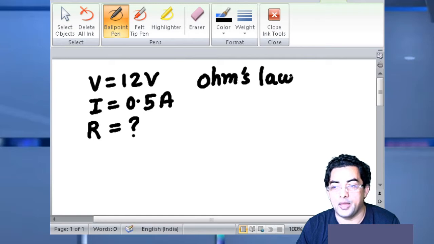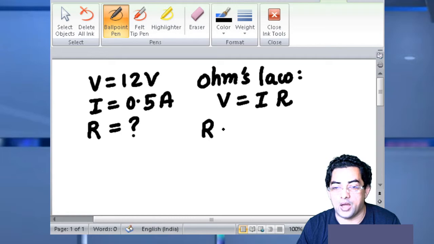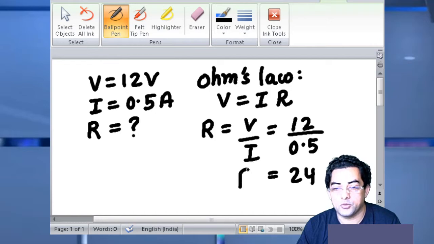Yes, we are going to apply Ohm's law over here, which is V is equal to I times R. And when you have to find out R, it becomes V over I. So if you substitute V as 12 and I as 0.5, it becomes 24, so R becomes 24 ohms.